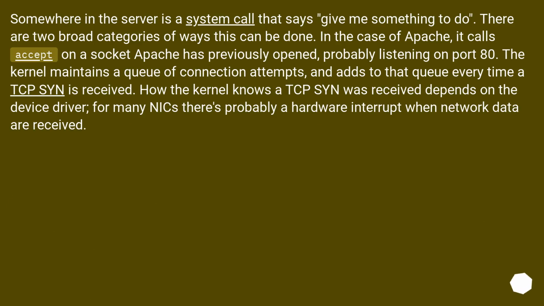In the case of Apache, it calls accept on a socket Apache has previously opened, probably listening on port 80. The kernel maintains a queue of connection attempts, and adds to that queue every time a TCP SYN is received. How the kernel knows a TCP SYN was received depends on the device driver. For many NICs there's probably a hardware interrupt when network data are received.